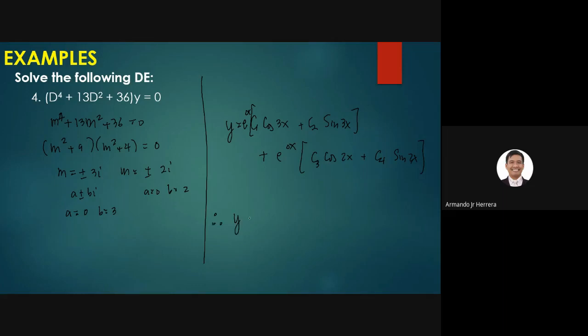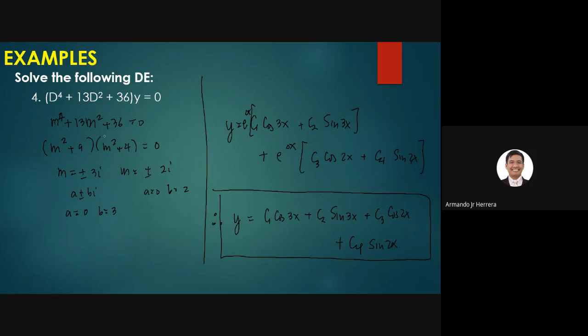Simplifying, y is equal to c1 cosine 3x plus c2 sine 3x plus c3 cosine 2x plus c4 sine 2x. So that will be our general solution.